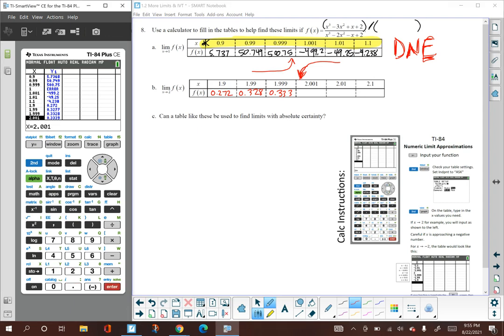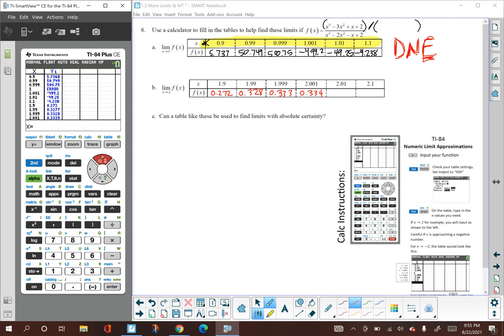2.001. That arrow is bugging me, like it looks like it's pointing there for a reason. So 0.334, 2.01.